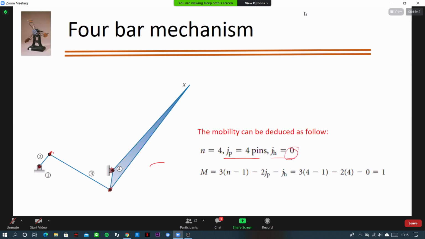Okay, so that's why it is 0. Now we'll put these terms in this formula. So you have 3(n minus 1) minus 2j minus h, where h is 0. So 3 into (4 minus 1) minus 2 into 4, and you will get 1. Correct? So this is your 1 degree of freedom that you are getting for this mechanism, this one directional motion you will be having.